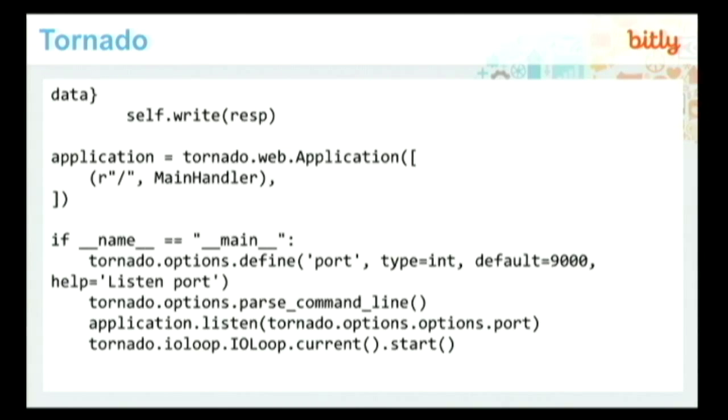We're writing the results, we're setting up the application and the route, and then down here we are setting up the listener and telling it to loop.